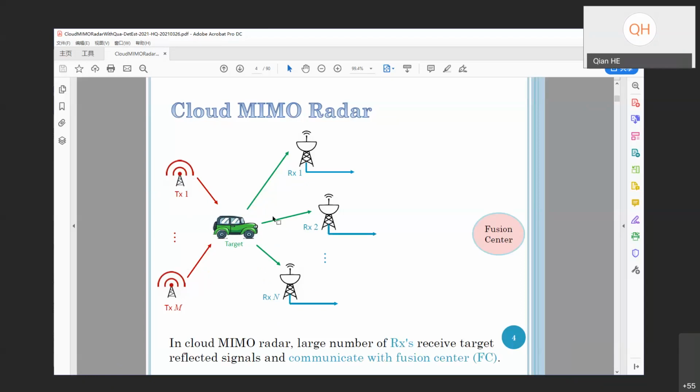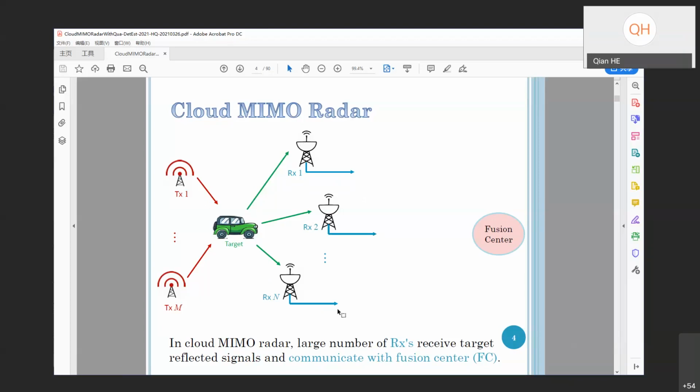And what do I mean by cloud MIMO? It's a new idea, but the theory behind it is not that new. Because of the coming 5G or 6G, we are going to talk about the Internet of Things. So radar can be used in many industrial applications.